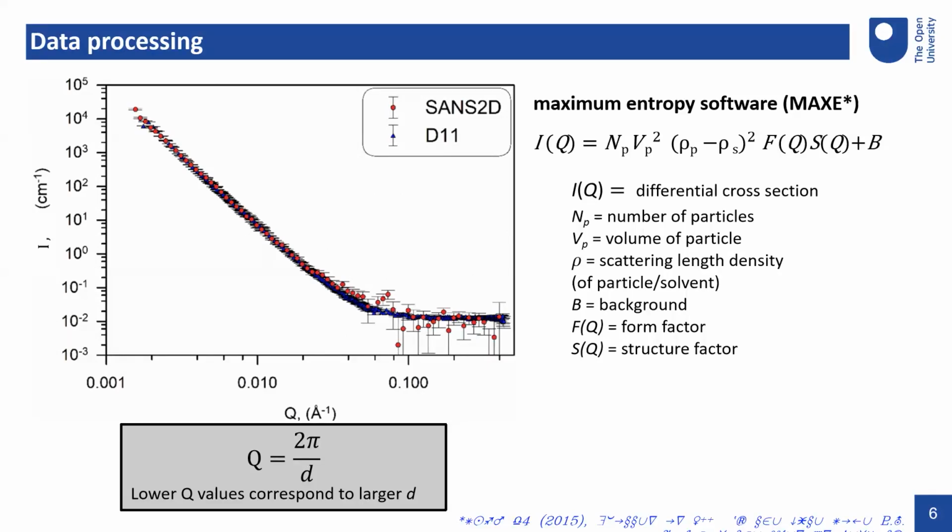What is important is that we are more concerned about cavities at Q values smaller than 0.02, where the cavity sizes are greater than about 30 nanometers. So within this size range, the two instruments are giving us consistent data.